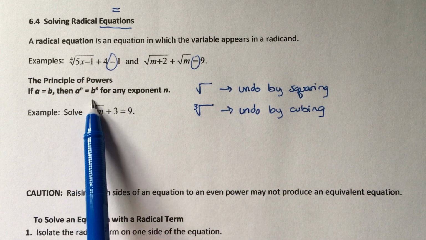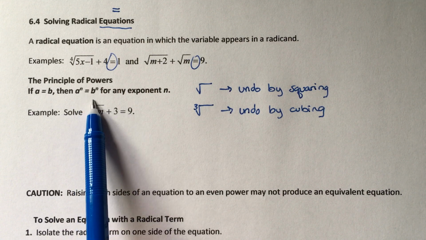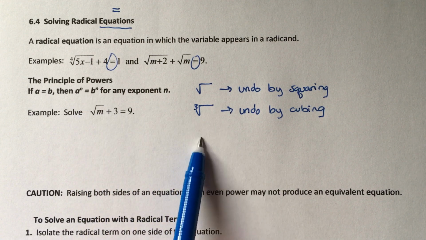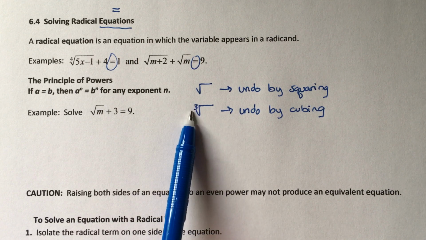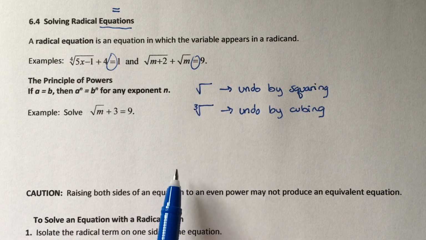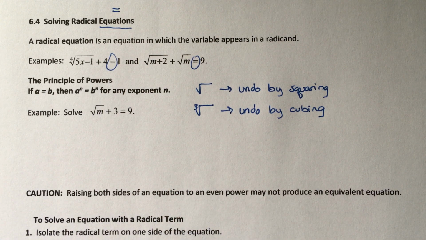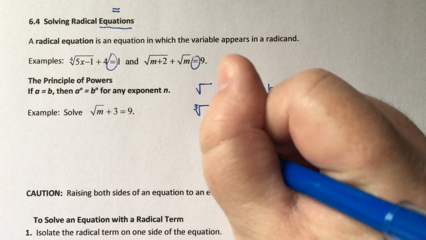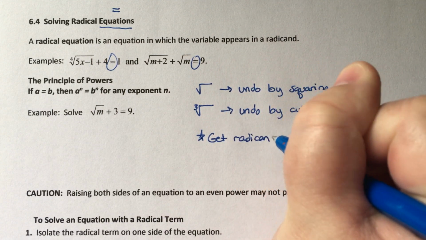And that's what the principle of powers says, that I can raise both sides of any equation to any power. So hopefully we get the idea. If it's a fourth root, fifth root, we would just use that index in the radical to decide what exponent to raise both sides to. The only other thing we have to remember is that we always have to get the radicand alone on one side of the equation.